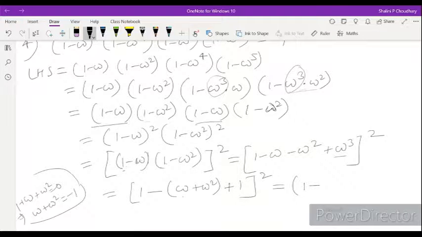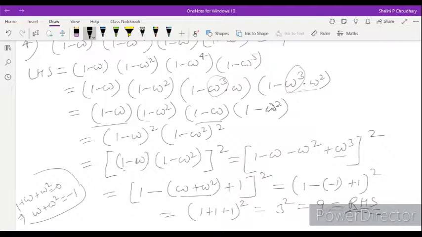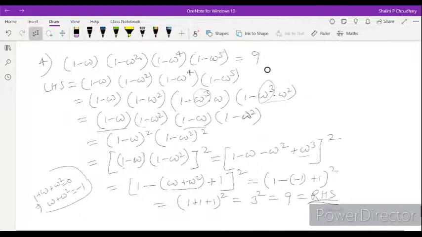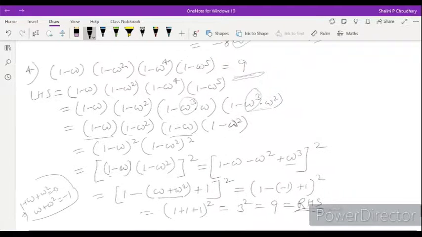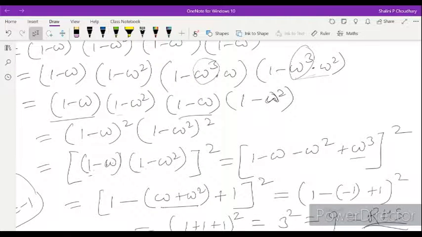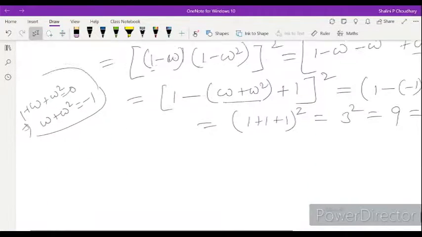So we write minus of minus 1, plus 1, whole square. So (1 plus 1 plus 1) whole square, that is 3 square, which equals 9, that is RHS, hence proved. What we had to prove here was 9.